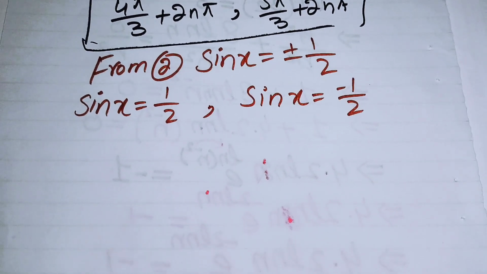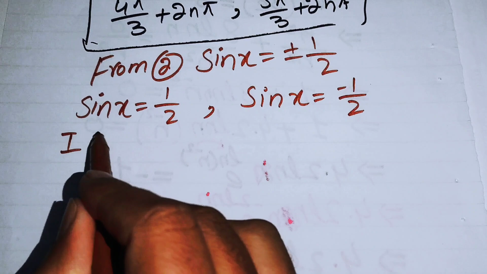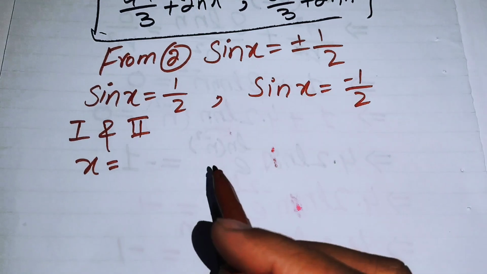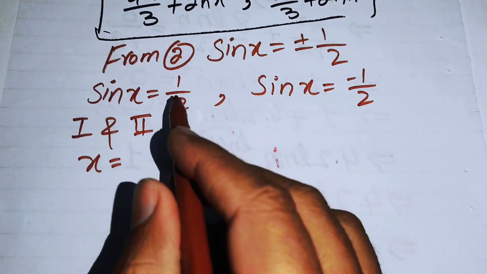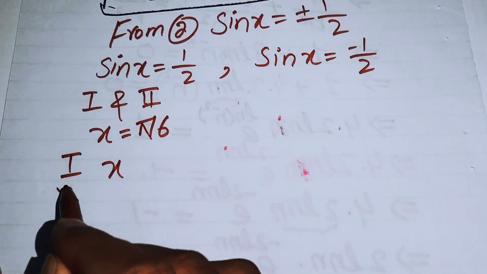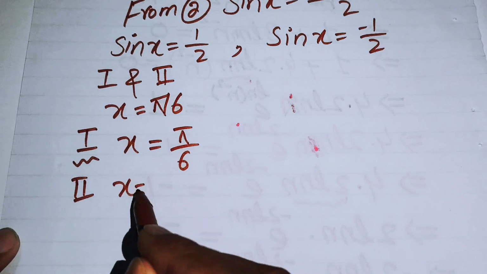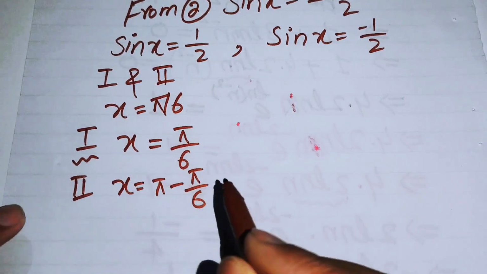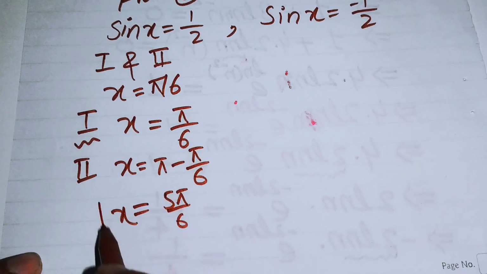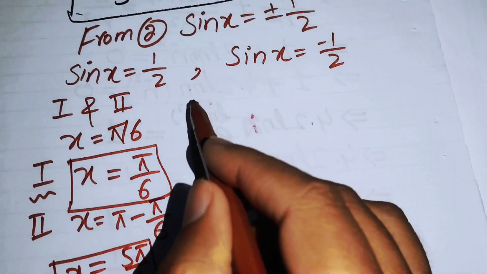And now here you see that sine is positive, so it lies in the first and second quadrant with reference angle x equals to pi by 6. In the first quadrant the value of angle x is equal to pi by 6, and in the second quadrant the value of x is pi minus pi by 6, which equals 5 pi by 6. So these are the two values in this case, and now we can move towards our negative value.